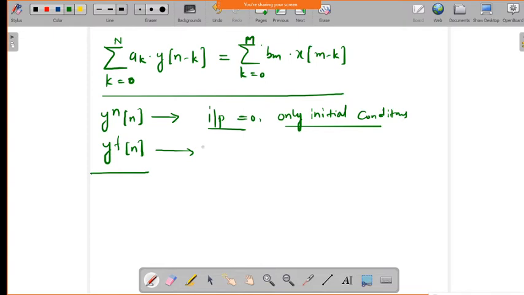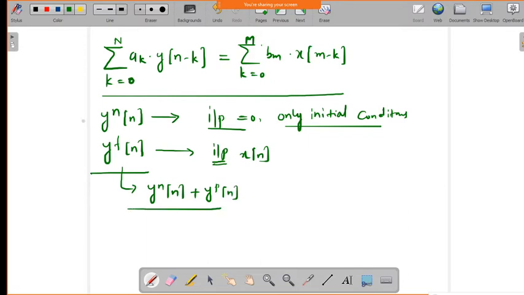If you apply the input, for a particular value of input x of n, the forced response again has two components: the natural response plus the particular solution. While finding the particular solution, you have to assume the initial conditions are 0, and the output of the system is only due to the input x of n.